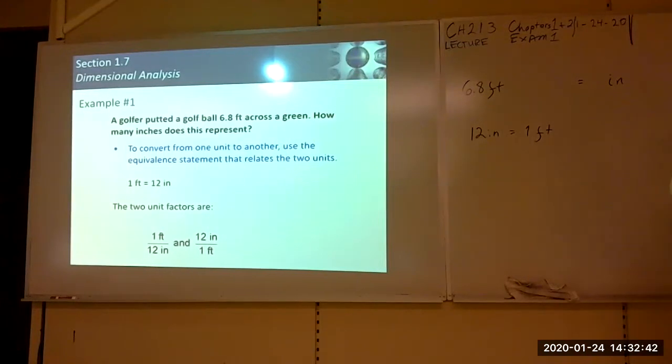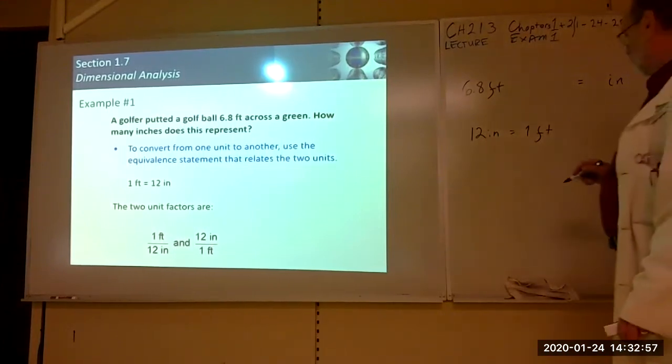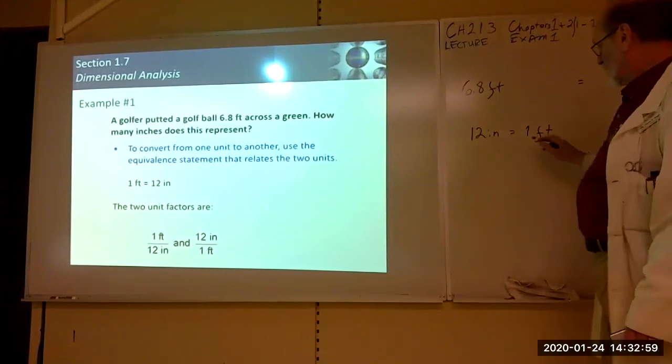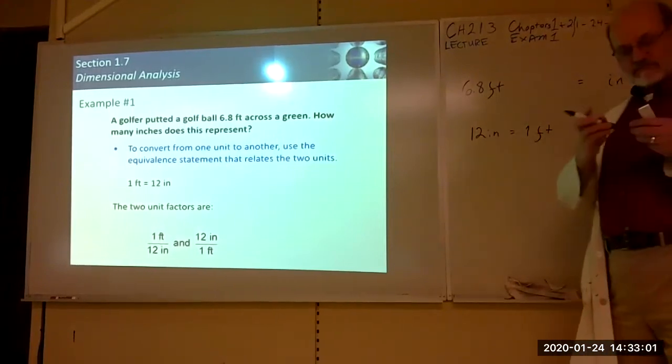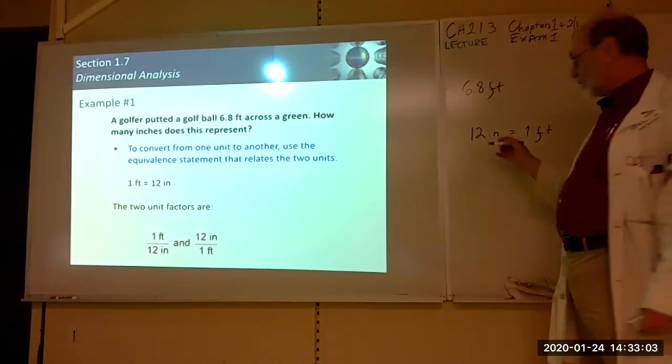Now, how do we turn that into a conversion factor? Well, conversion factors are always equal to 1. They're unitary. How do I know that? Just use simple math, algebra if you will.